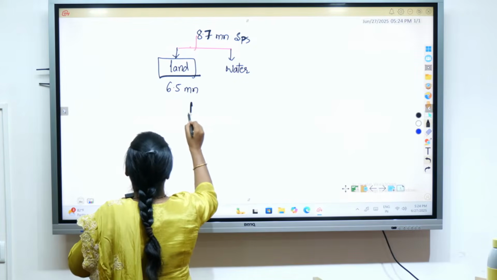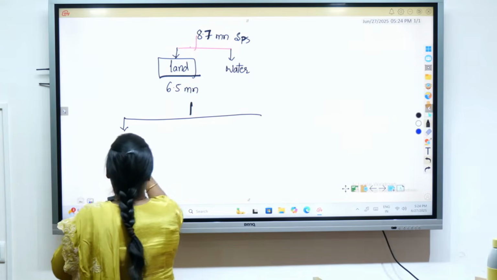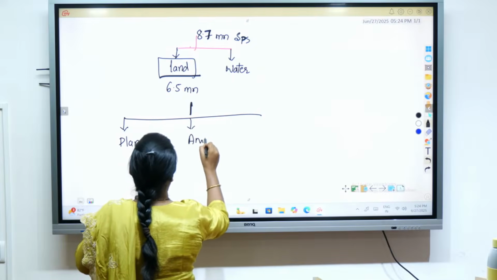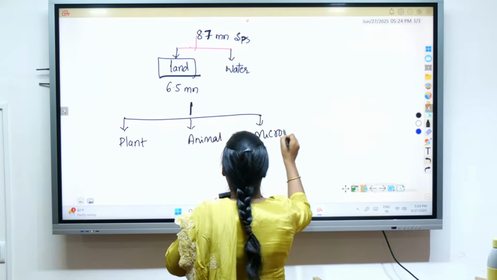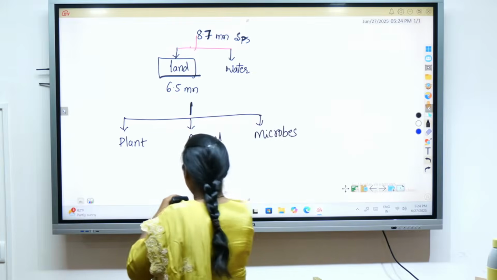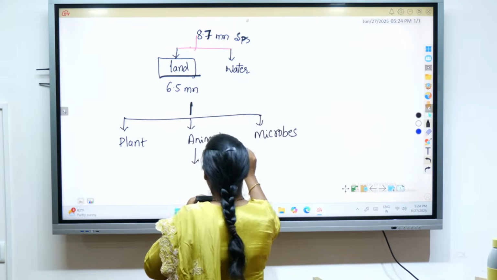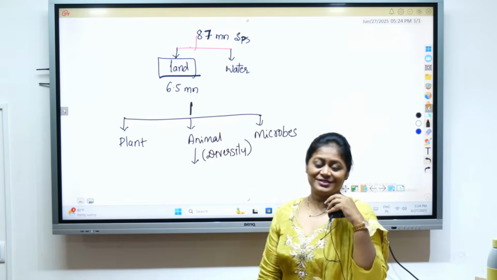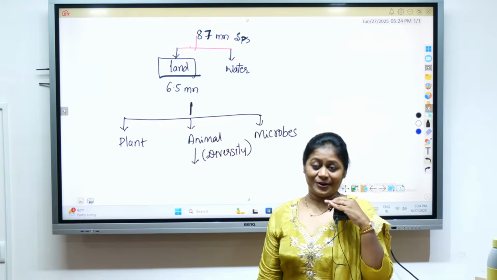Again, among plant species, animals, and microbes, which is having the highest number of species or diversity? Animals. So highest diversity. And here, among animals, which type of animals? They are having phyla. Phylum animals are having the highest diversity.